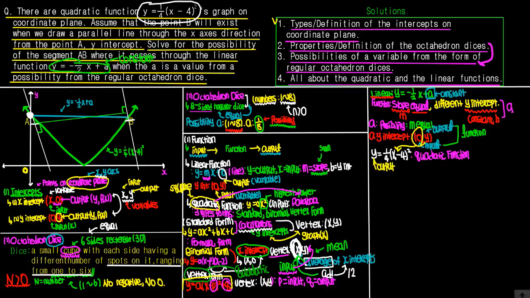So if we actually try this, we get y is equal to 1 over 4 times, instead of the x value, we input 0 minus 4 squared. All you have to do in order to solve for the y value is simplify our expressions. So we get y is equal to 1 over 4 times negative 4 squared.